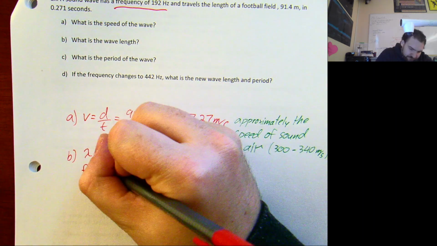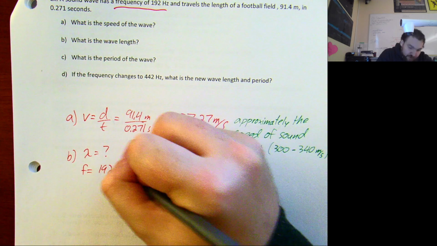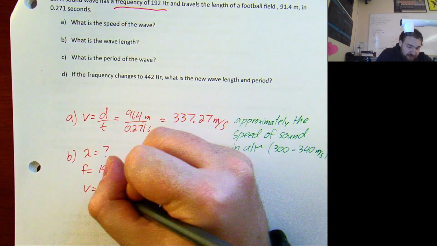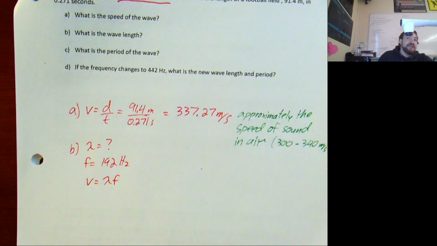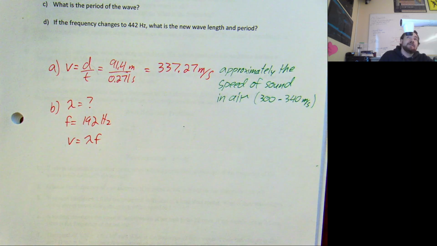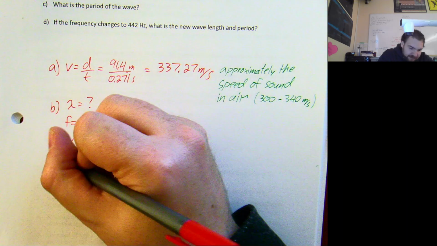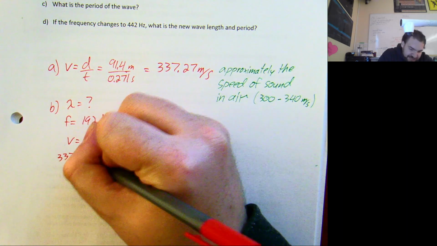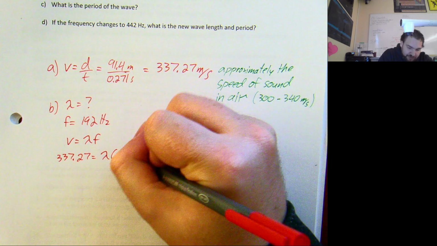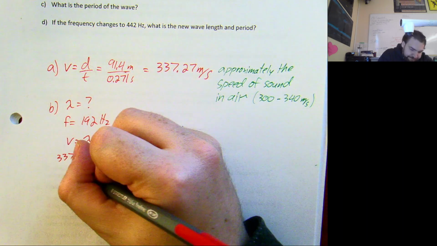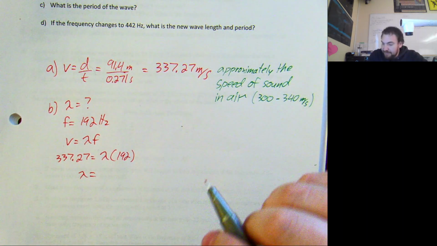V equals lambda f. So now we're going to use the wave equation. V equals lambda f. We know what V is. We know what f is. We can find the wavelength. So V we found to be 337.27. We're looking for lambda, and we know that the frequency is 192 hertz. So what's the wavelength then of that wave?